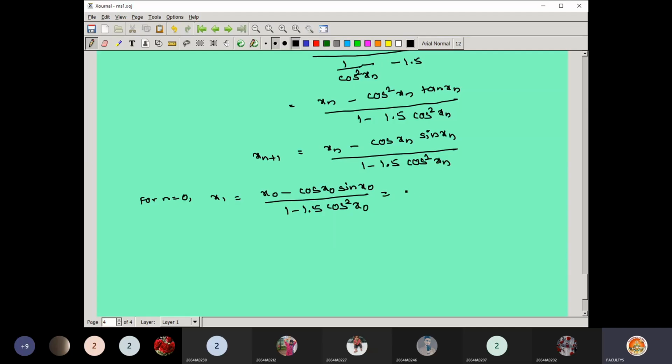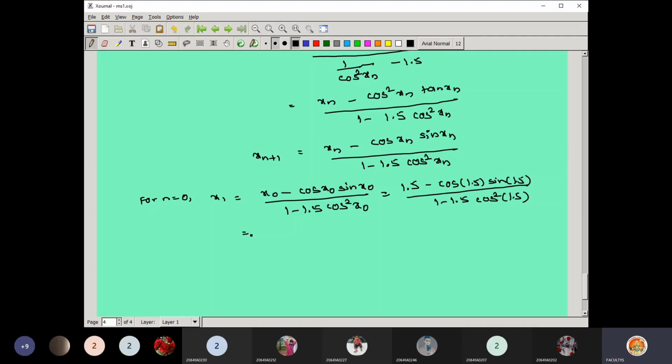Write down your x naught value. X naught is 1.5, minus cos of 1.5 into sin of 1.5, divided by 1 minus 1.5 into cos square of 1.5. So I'm just substituting that in the formula.